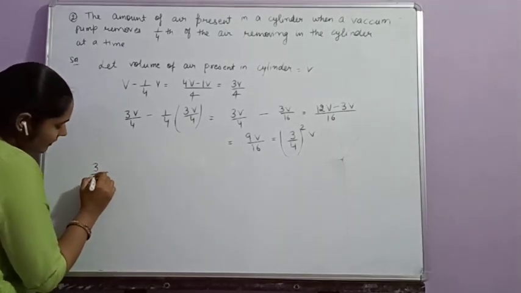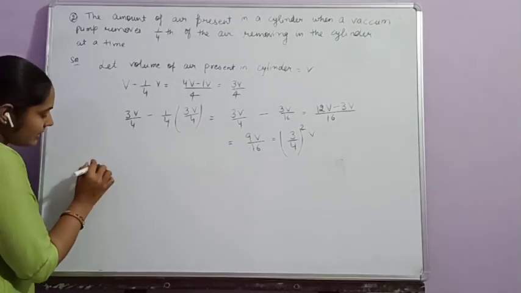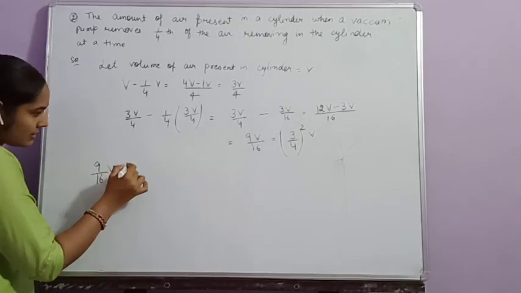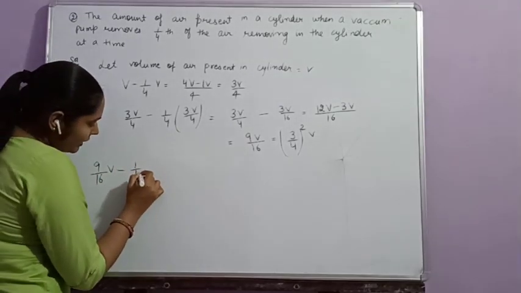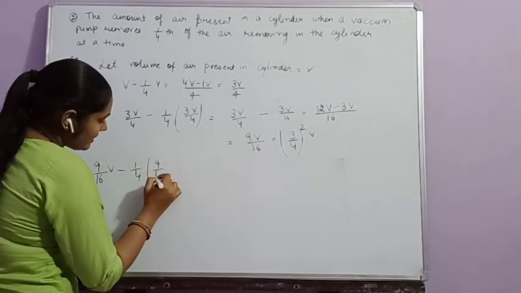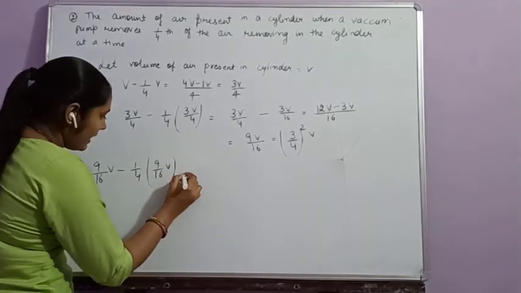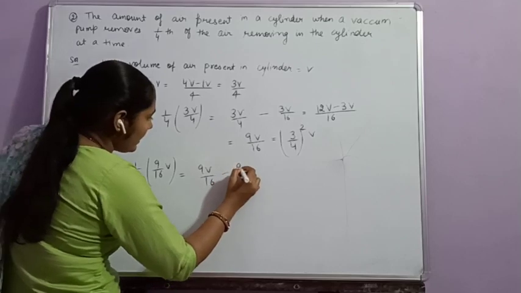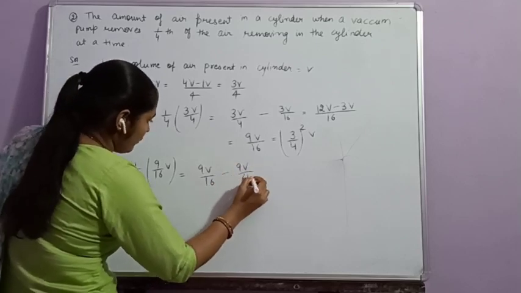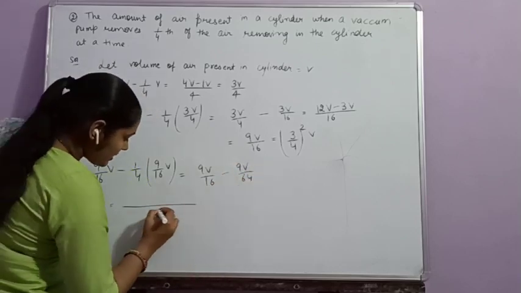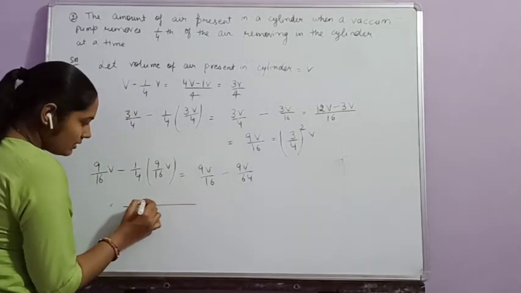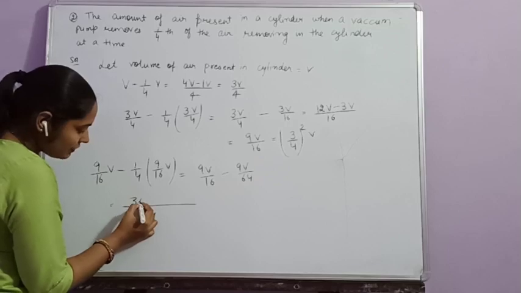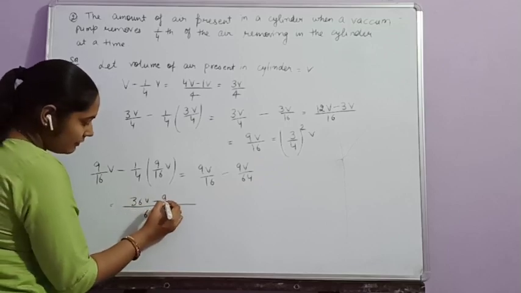Similarly, next time 3 by 4 square, that is 9 by 16 V minus 1/4 part of 9 by 16 V. That will be equal to 9V by 16 minus 9V by 64. LCM will be 64. Then 16 4s are 64, 4 9s are 36V minus 9V.